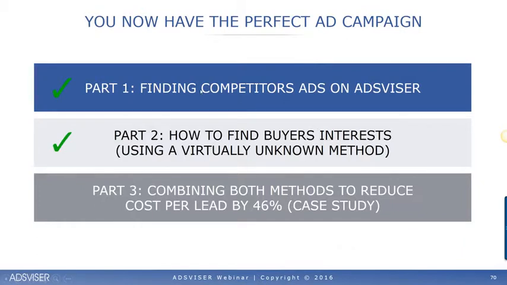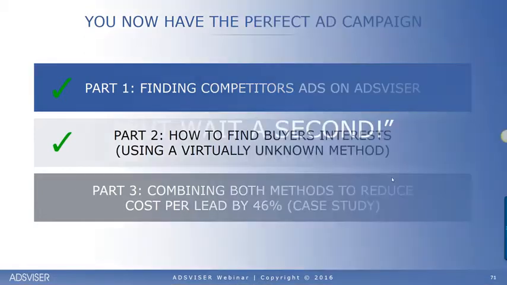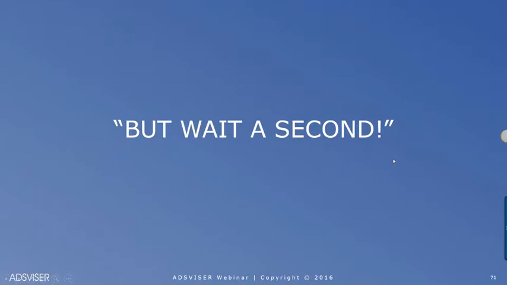Now, our promise was to tell you how to get the ads on Adsviser. So we've done that, and I've shown you how to find the buyer's interest as well, which means you need to go in manually and search that. And we're going to go through the methods in the case study as well. But you guys are probably thinking, what the hell? Am I going to go in manually and search all of this? This is crazy.